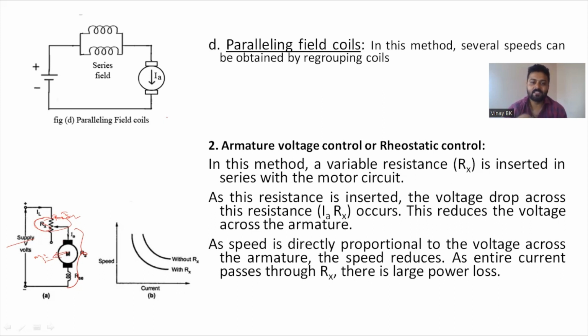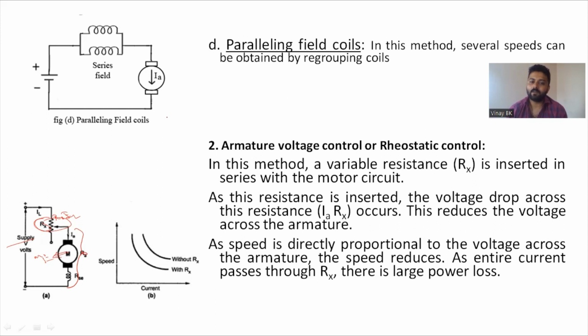All of this you have to write in the examination for 8 marks. One is the flux control method and the other is the armature voltage control method. In the flux control method, there are 4 different types: field diverter, armature diverter, then tapping field coils, then paralleling field coils.